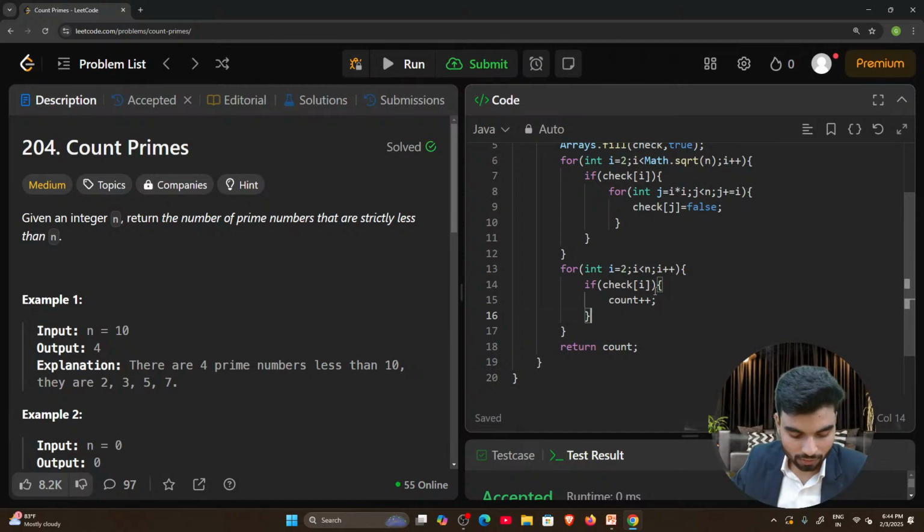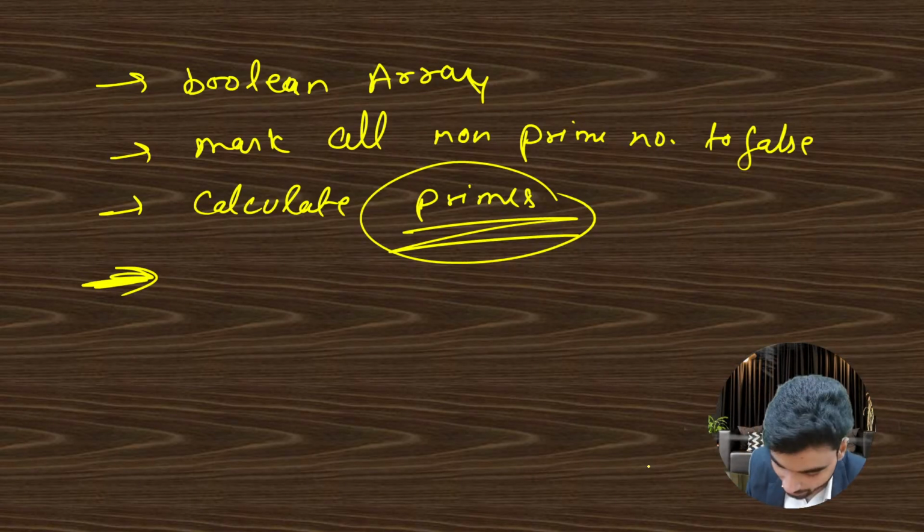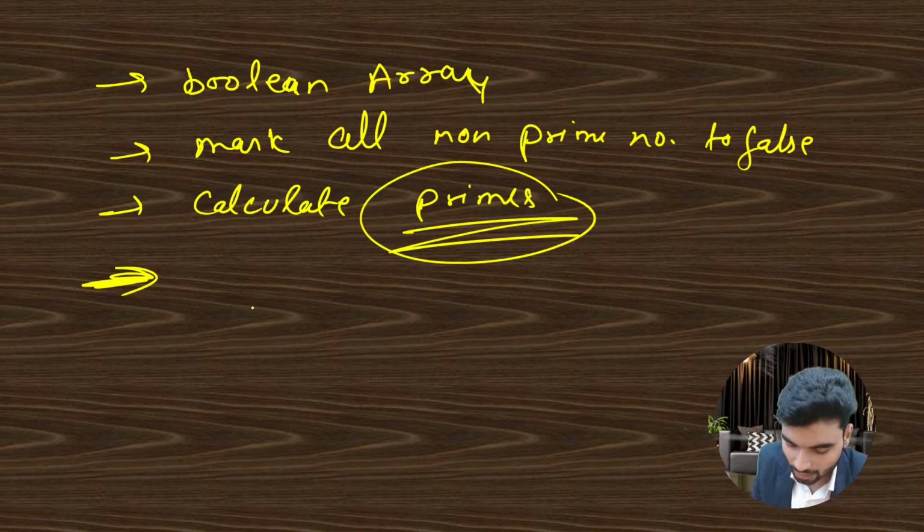Yeah, the square root concept. The thing is that any non-prime number will have a multiple less than or equal to the square root of n. I'm telling you again, just listen very carefully. Any number which is a non-prime number. Let's say I'm taking 16, which is not a prime number.